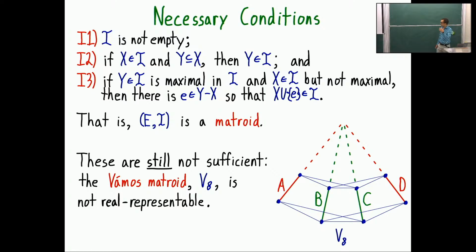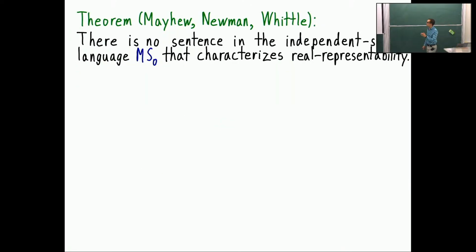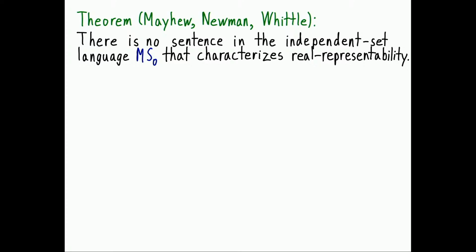This is the independent set language, MS. So Mayhew, Newman, and Whittle showed that there is no sentence in this independent set language that characterizes real representability. So there is no logical approach where you limit yourselves to a natural language. Okay, so that doesn't work.